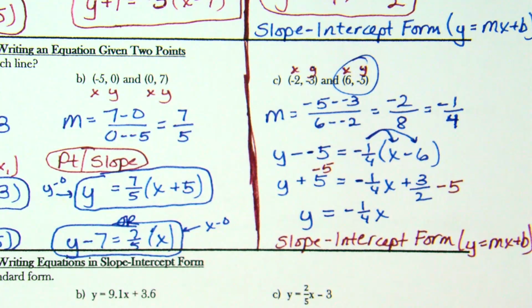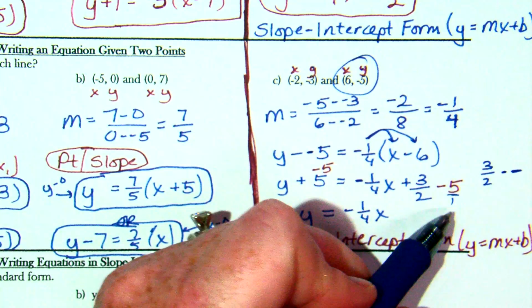If you multiply the 1 by 2, then you have to multiply the 5 by 2, which is 10 over 2. What's 3 over 2 minus 10 over 2? Minus what? 7 over 2? Because 3 minus 10 is -7, right?